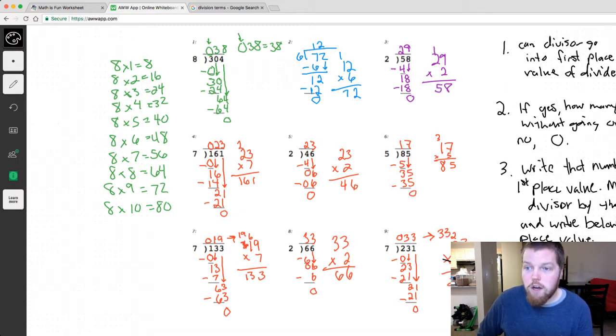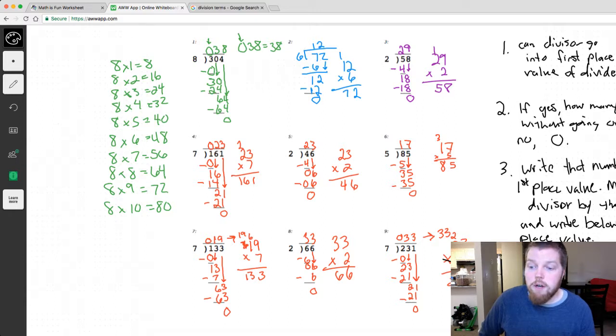So can the divisor go into this number? Can 8 go into 30? Yes, it can. If yes, how many times without going over? 3. So write that number above the second place value.